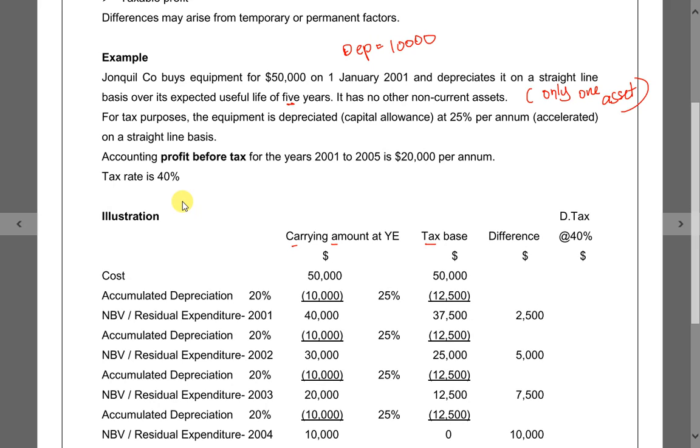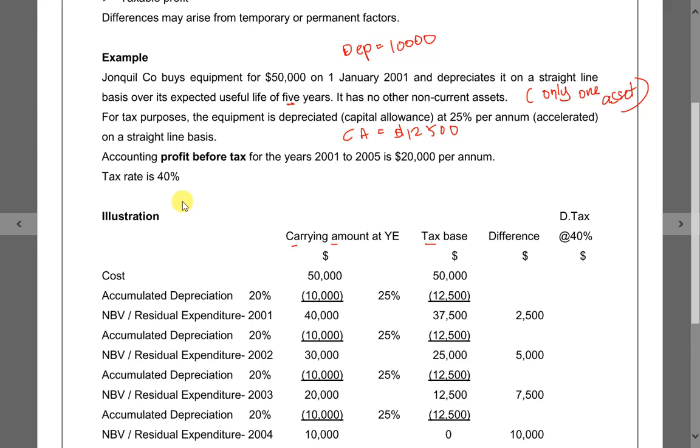For tax purposes, the equipment is depreciated, means for tax we can claim capital allowance, initial annual allowance of 25% per annum on a straight line basis. So the capital allowance 25% will be 12,500.